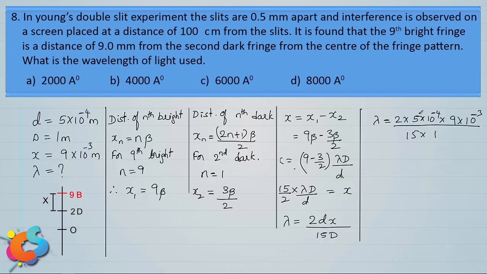You can simplify this. This goes 3 times, and again this can be cancelled with this 9. So we are left with 6 in the numerator along with 10 power minus 7. It has to be in meter. Therefore, lambda is 6 into 10 power minus 7 meter. In angstrom units, you can write it as 6000 angstrom. Therefore, option C is the correct answer.